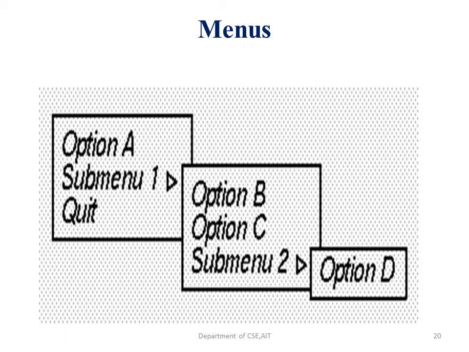The sub menu too is having an arrow mark which is indicating the other option. So you can see here sub menu 1 is leading to one menu, sub menu 2 is leading to another menu. So we are having totally 3 menus: the first one, the main menu, the second one is sub menu 1, and the third one is sub menu 2. So you can go for creating either a single menu or a hierarchical menu by making use of the APIs which are concerned with the menu.